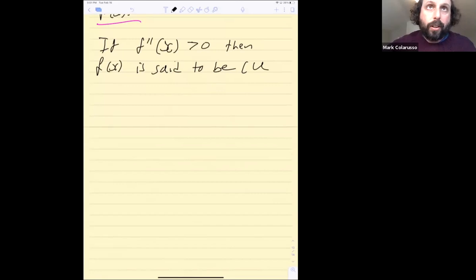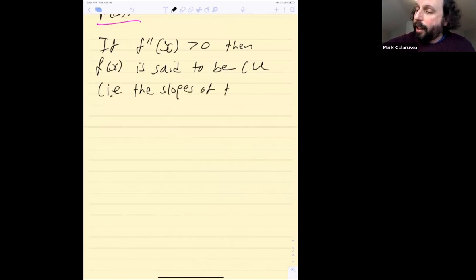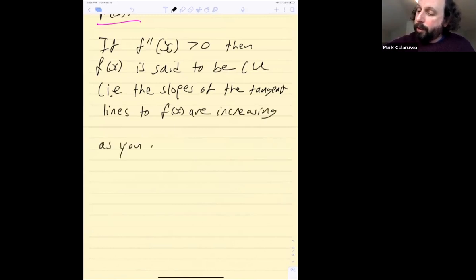The slopes of the tangent lines are increasing as you move from left to right along the graph, i.e. the slopes of the tangent lines to f are increasing as you move from left to right.